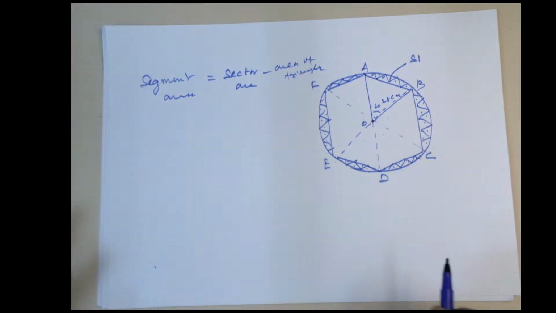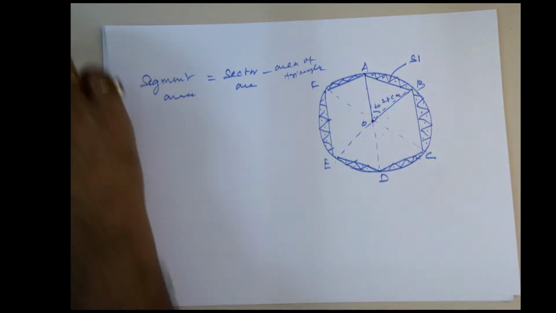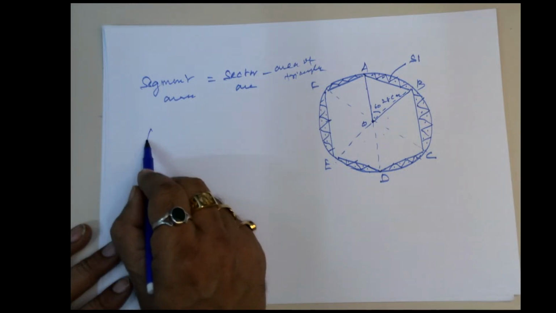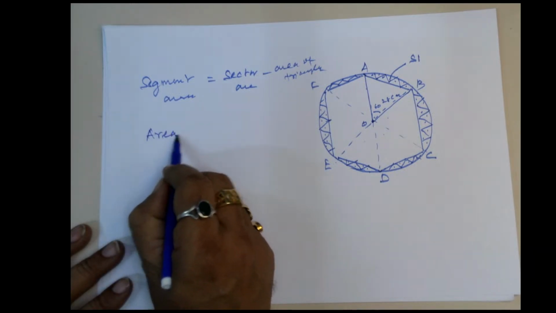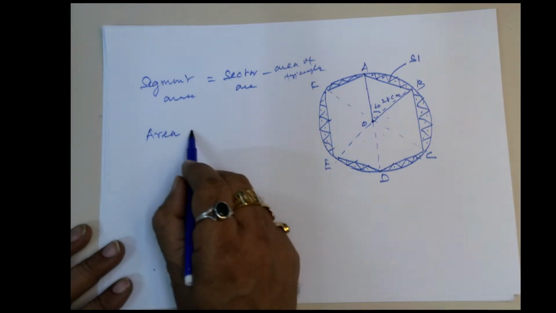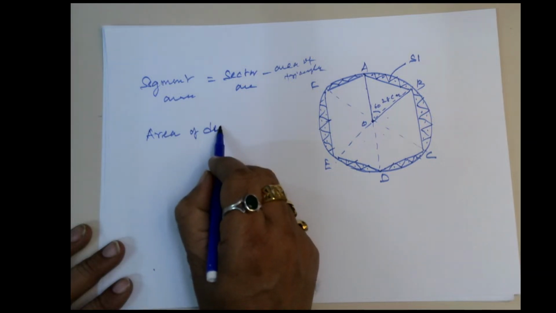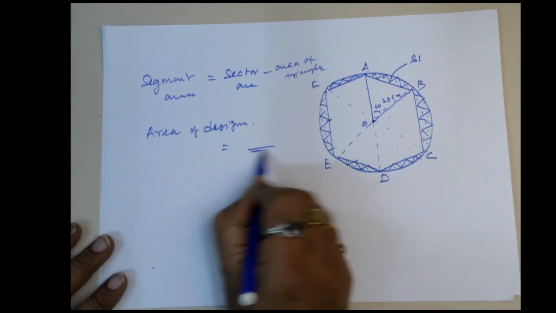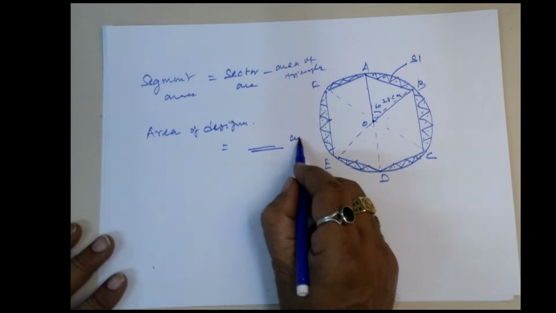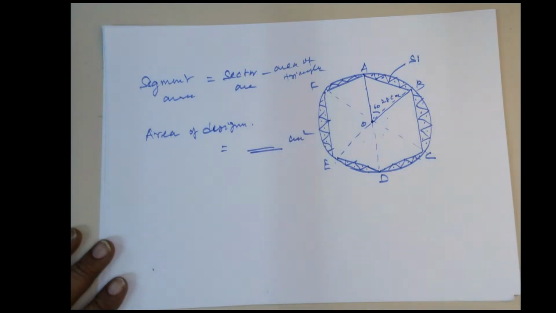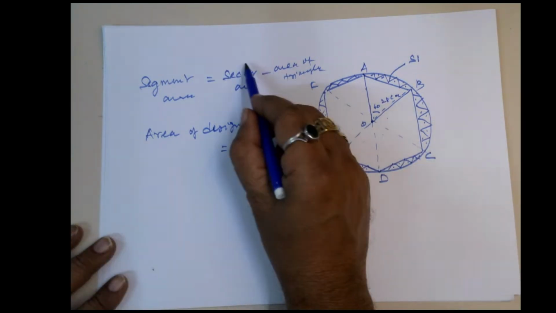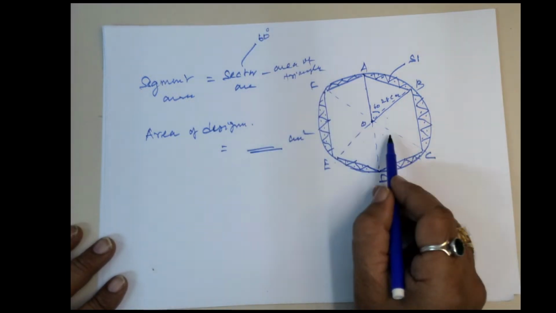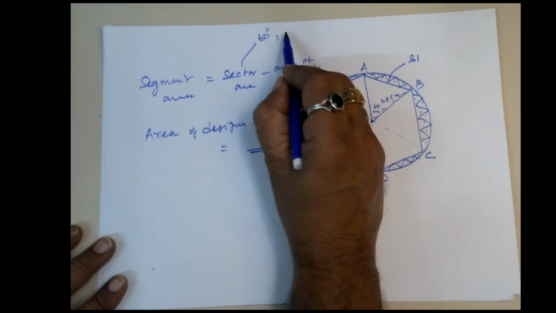Then let us move to what is the question asked? That is design area. Find out the area of design. Design only. Okay. So you have to give it in terms of square centimeter. Okay. And what you are supposed to find out, sector area with the 60 degree and radius 28 centimeter.